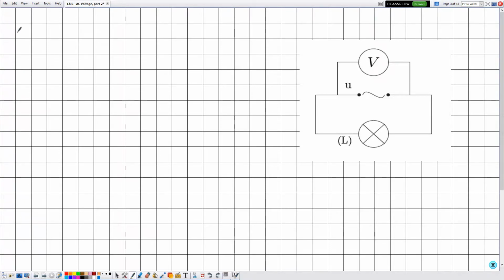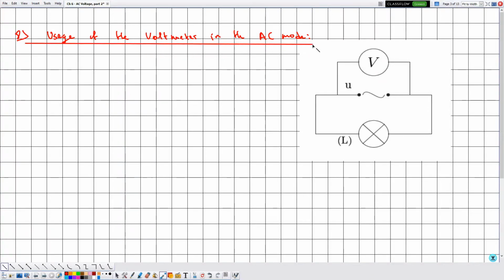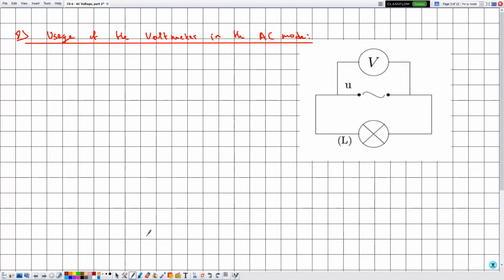Let me write down the title of section number 8, which is given by usage of the voltmeter in the AC mode. Always one must distinguish between the effective voltage and the maximum voltage.